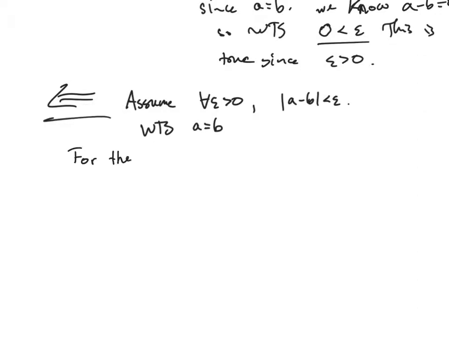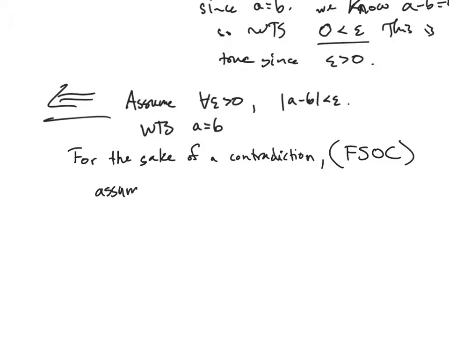I'll say, for the sake of a contradiction, and actually I'm usually going to write FSOC like that. This means for the sake of a contradiction, we're going to assume the opposite of what we're trying to prove, which in this case would be a is not equal to b, all right?